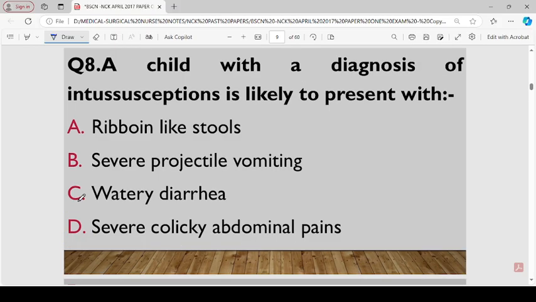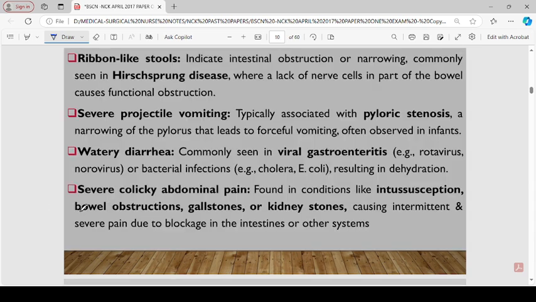A child who has a diagnosis of intussusception is likely to present with severe colic, abdominal pains. Remember, ribbon-like stools will be associated with Hirschsprung disease. Severe projectile vomiting is associated with pyloric stenosis.